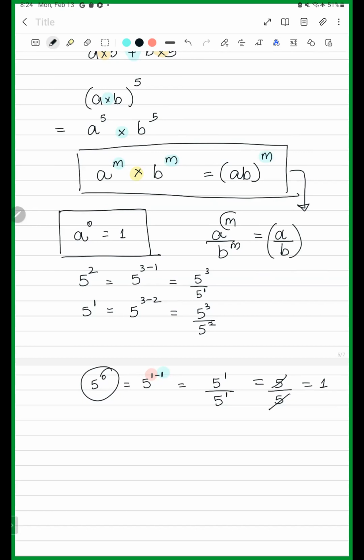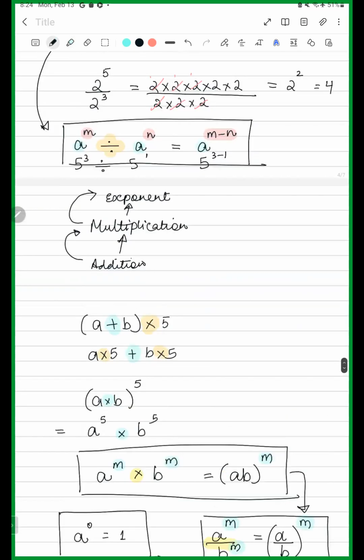See, here M is the common power for both of them. ठीक है? Then what about the division one you did, where the answer was minus? That is different, बच्चे.